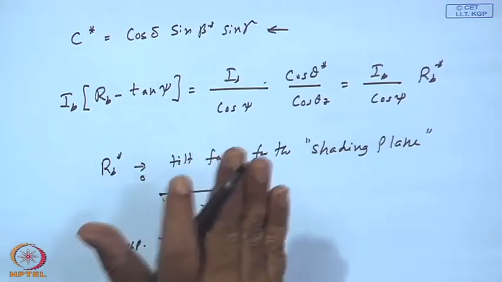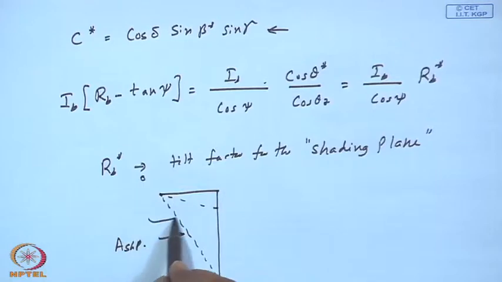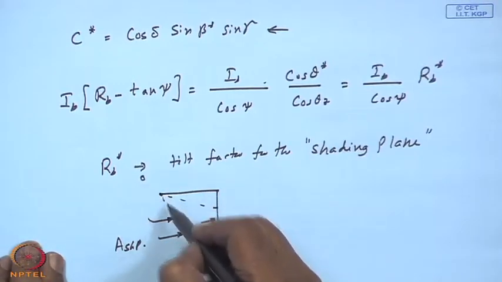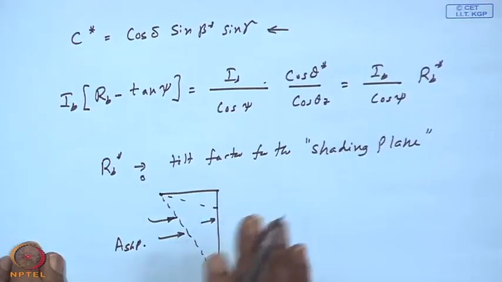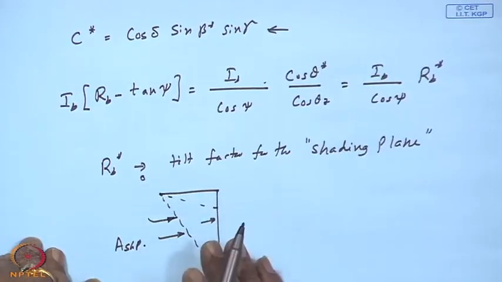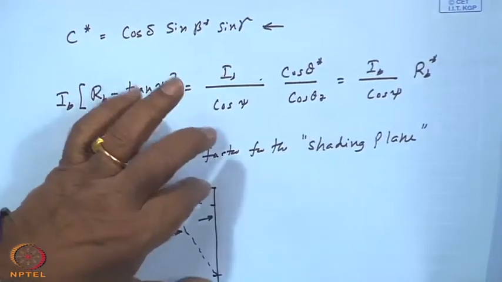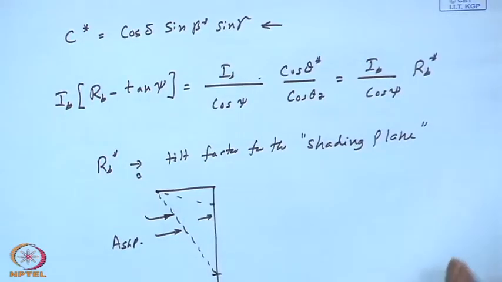The whole idea physically is whatever radiation is entering through this will reach the window. So, you estimate the solar radiation based upon this A_SHP, the area of the shading plane, and if it is converted back into per unit area of the window, you have your answer.